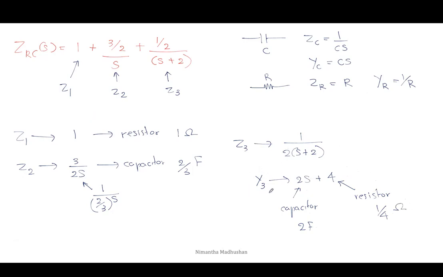In the admittance tree, Y3, the combination of capacitor and resistor is defined by a plus mark.